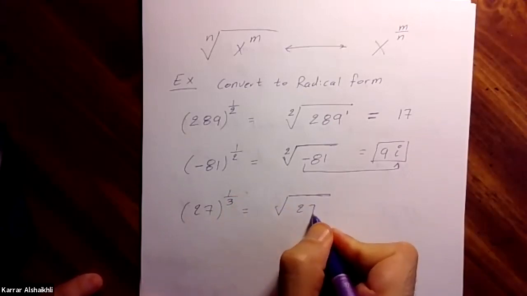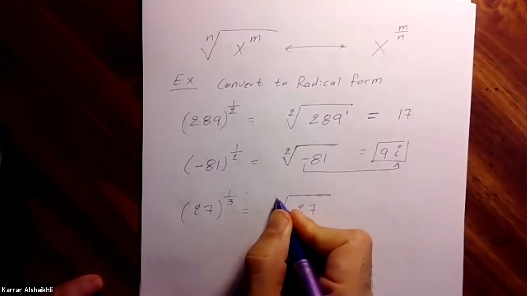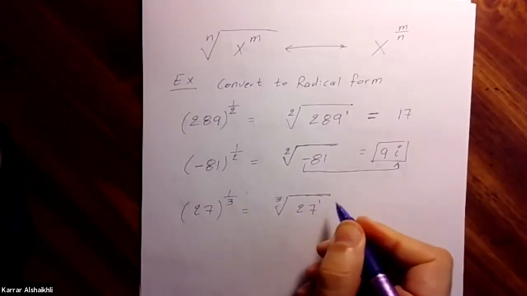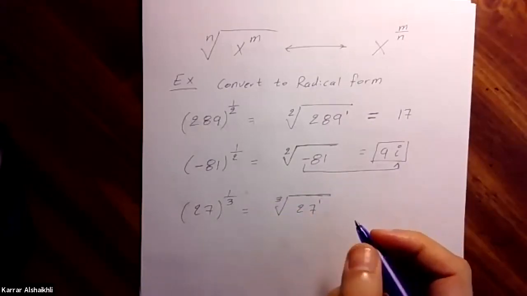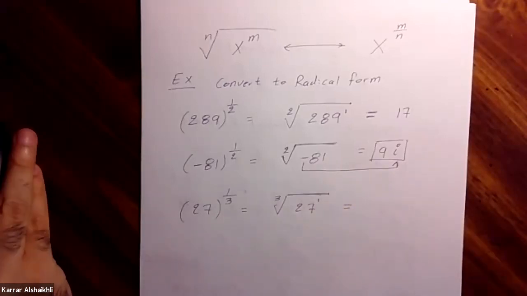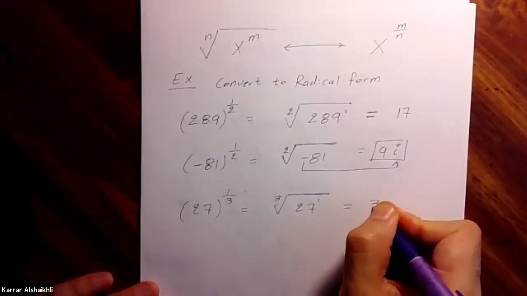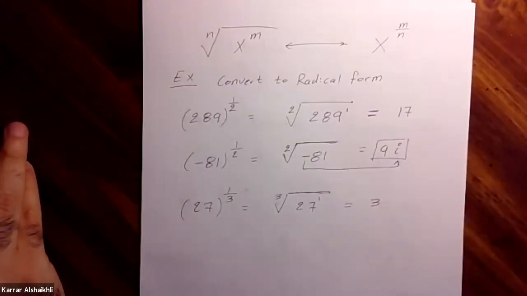What about here? The 3 is going to be on the left, and the 1 is not going to affect anything. So how much is going to be the cubic root of 27? 3. That's it.